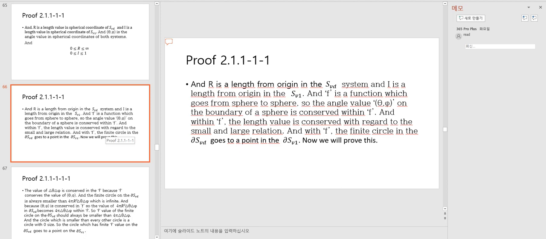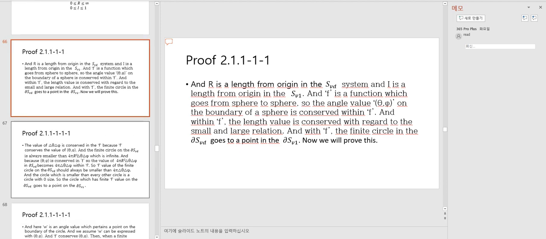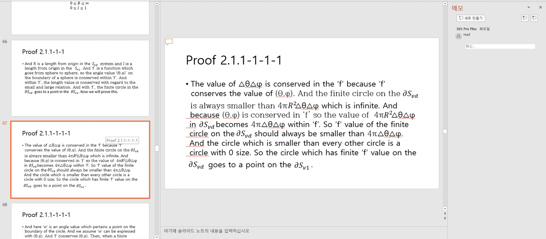Now, we will prove this. The values of delta theta, delta phi are conserved in F because F conserves the value of theta phi. And the finite circle on the dS3D is always smaller than 4 pi r squared delta theta delta phi, which is infinite.